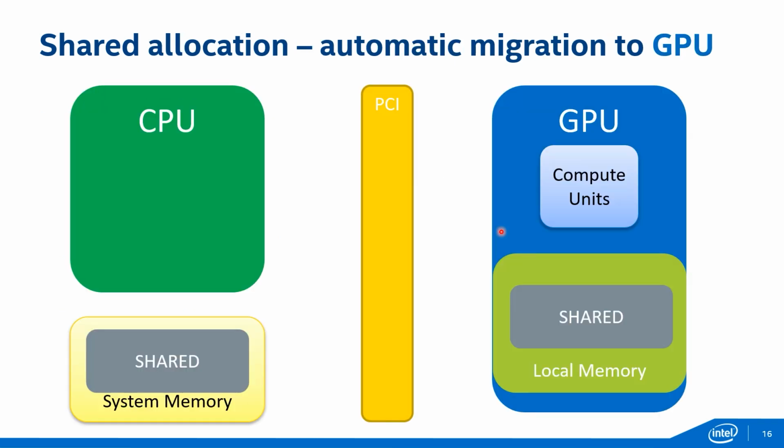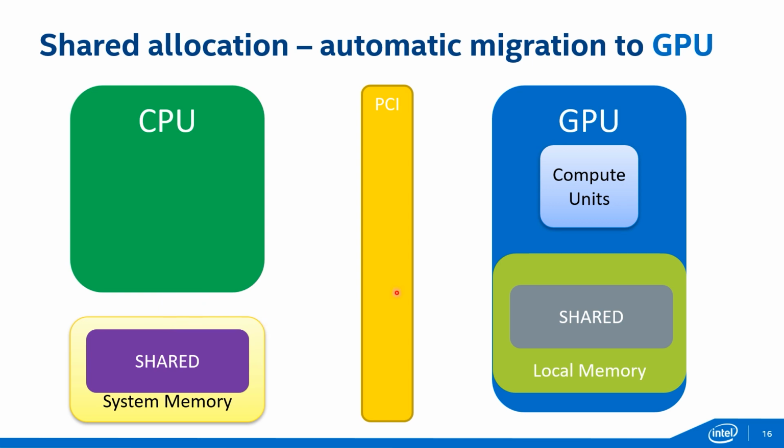So let's look at how they migrate and how this works. We have a CPU and GPU, and we allocated such an allocation. No one has touched the allocation yet. Let's say that the CPU wants to access this allocation, so the driver will ensure that the allocation is in system memory and the CPU can access it. The CPU will utilize this allocation and populate the contents.